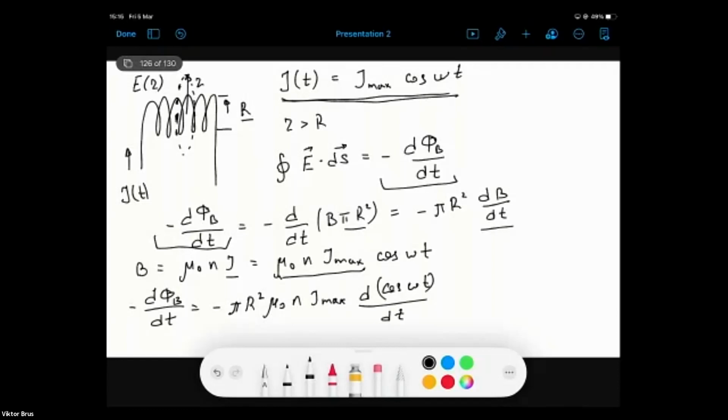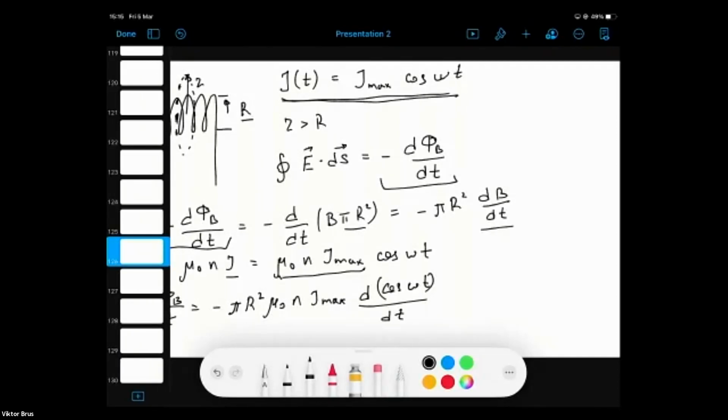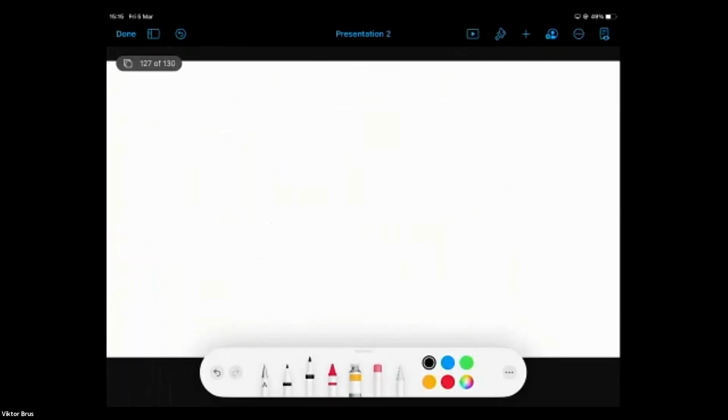So let us go to another slide and rewrite this equation.